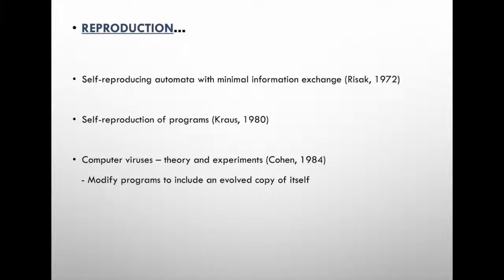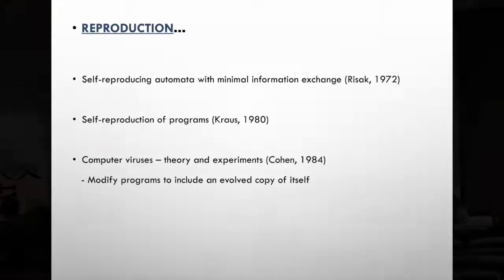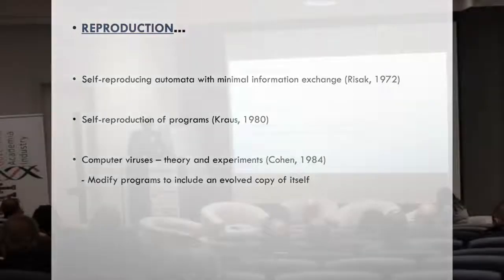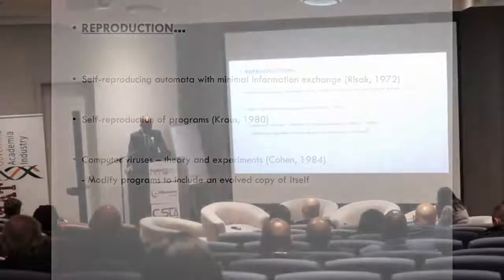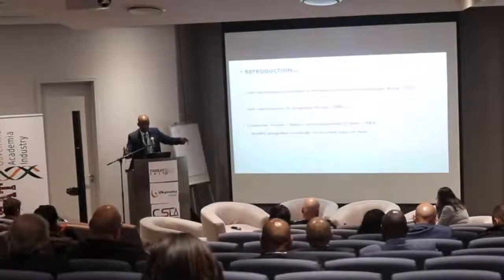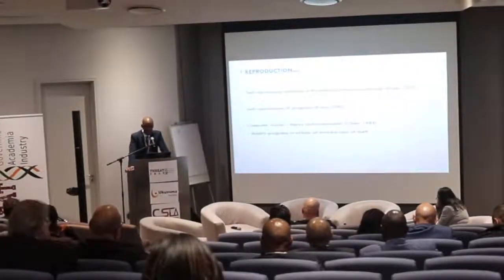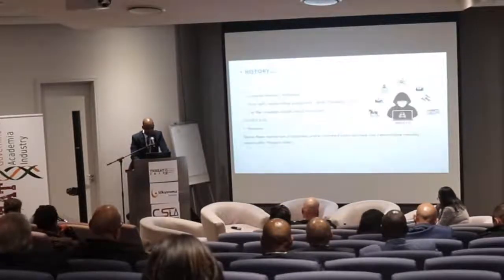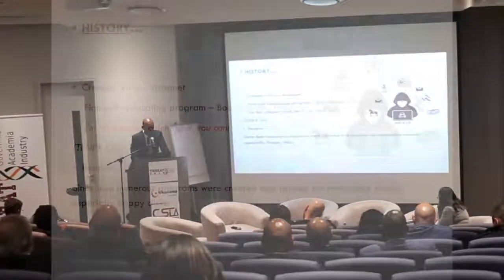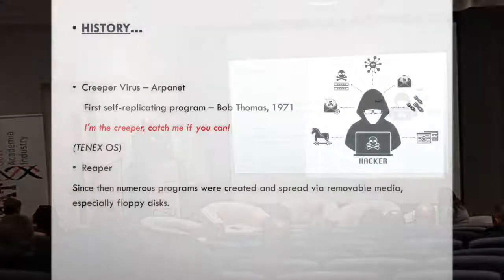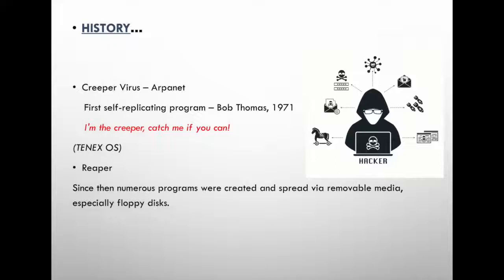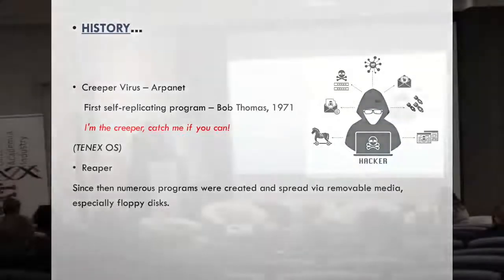In that thesis, Cross postulated that computer programs can behave like biological viruses. And then, of course, in 1984, we saw the first computer virus, the Creeper virus, which was first detected on ARPANET, the forerunner of the internet, and it infected about 10 computers.